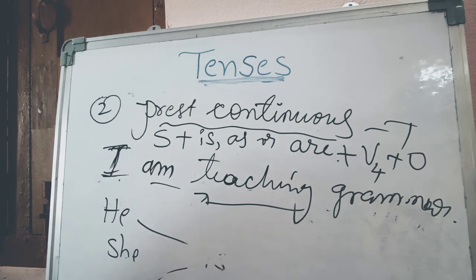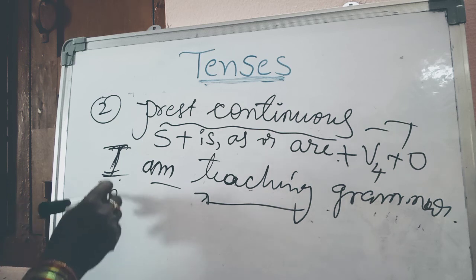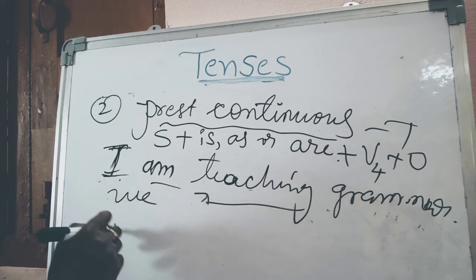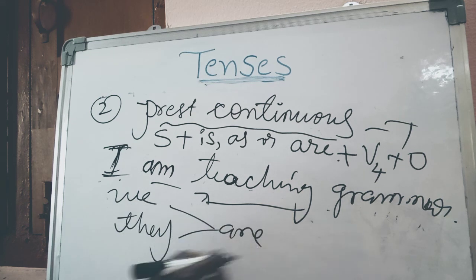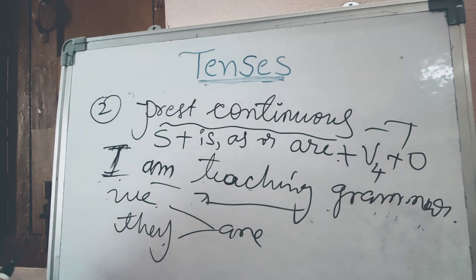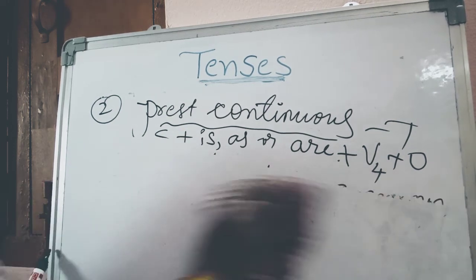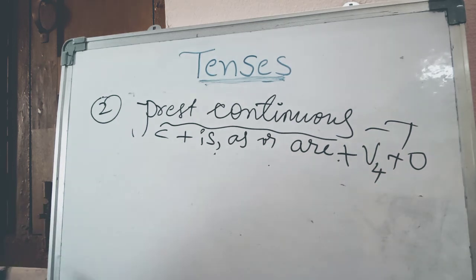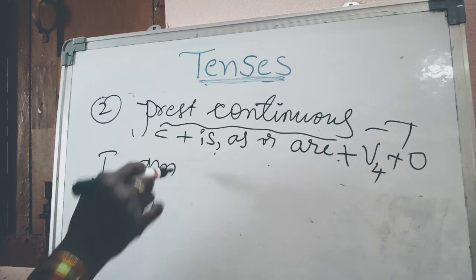Next, we and they. They are teaching grammar. We are teaching grammar. Like this. So, when we use different types of subjects, we have to use different types of helping verbs.